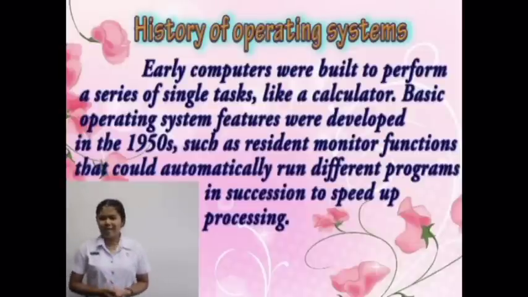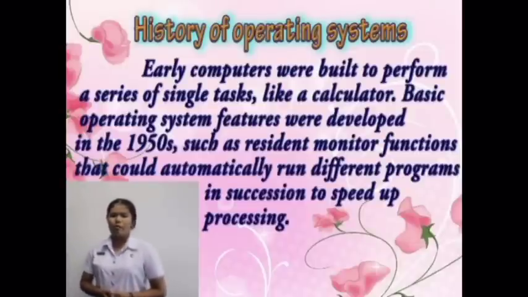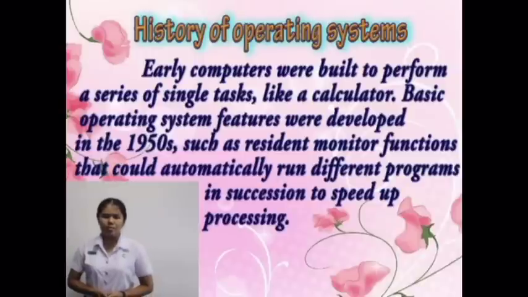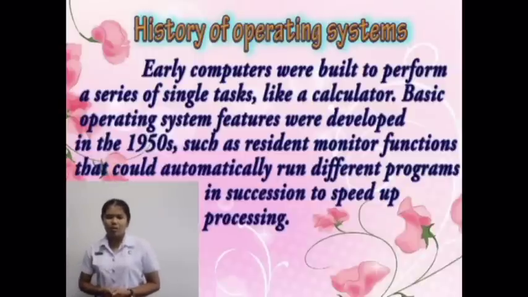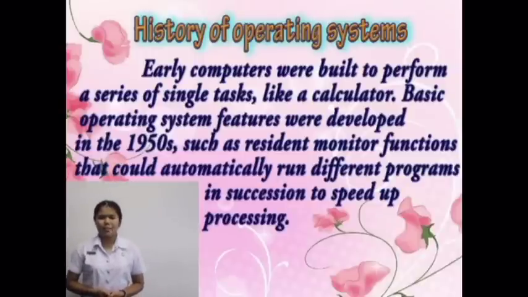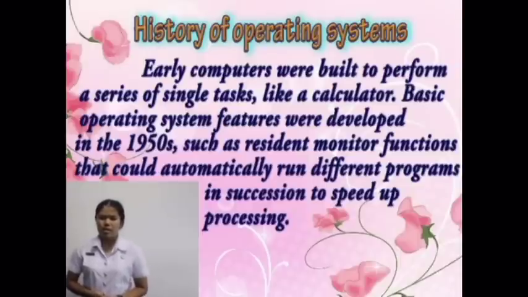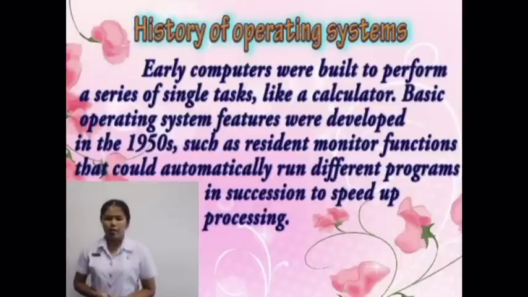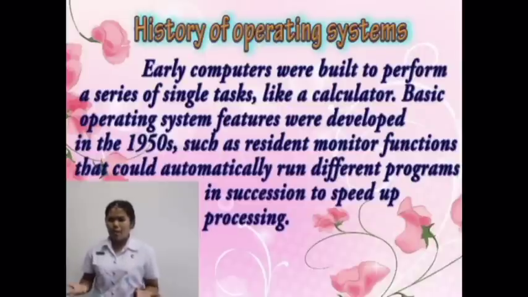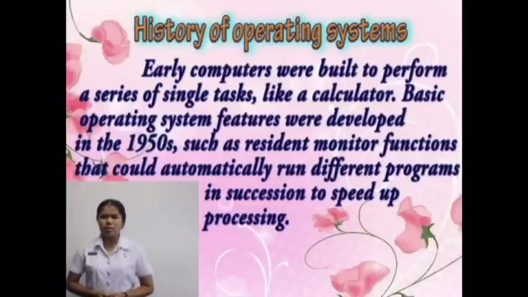History of operating systems. Early computers were built to perform a series of single tasks, like a calculator. Basic operating system features were developed in the 1950s, such as the resident monitor function that could automatically run different programs in succession to speed up processing.